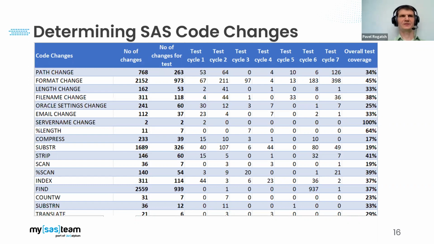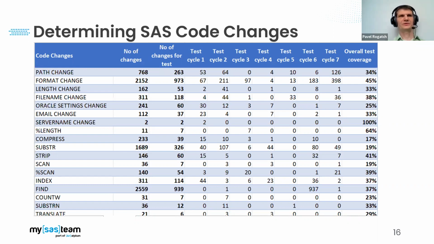And you can see here just a sample of what changes need to be done and how many, and this information later was used for planning of testing and validation. And Oksana will talk more about it.